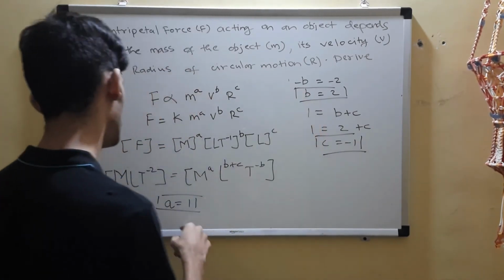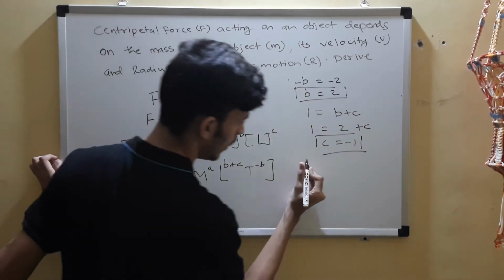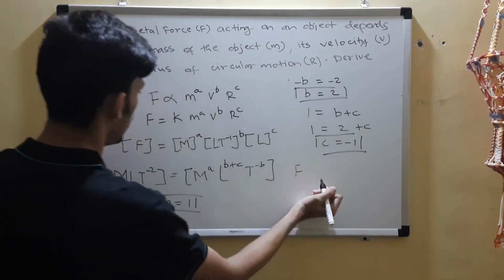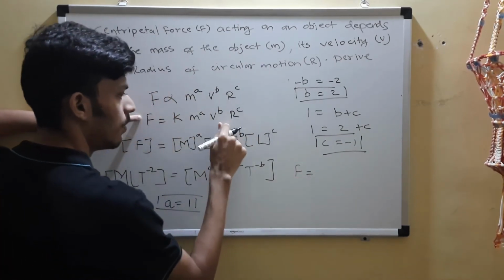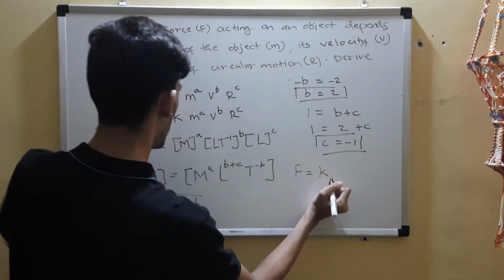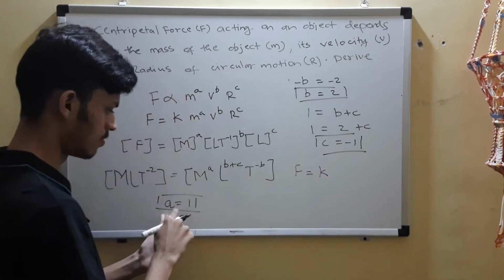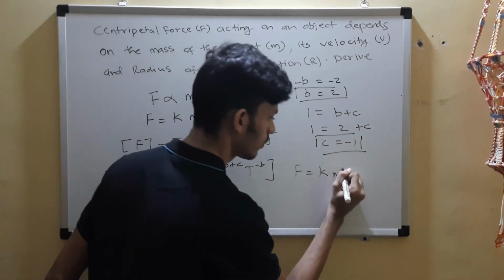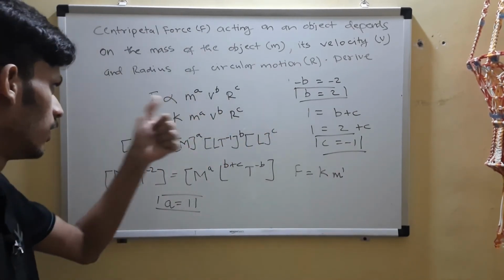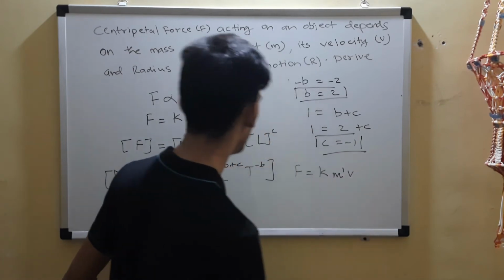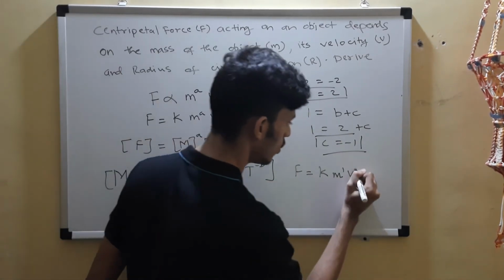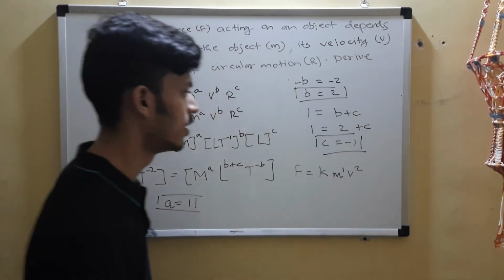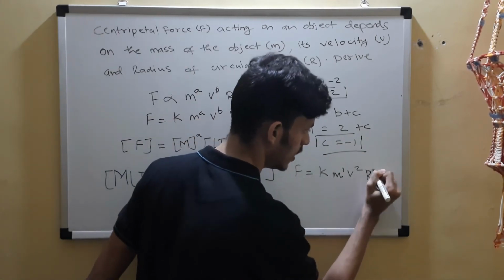So we got the values a, b, c. Now it's very easy. F equals, you come over to this step and just plug in the values. M to the power a, a is 1. V to the power b, b is 2, and r to the power c, c is minus 1.